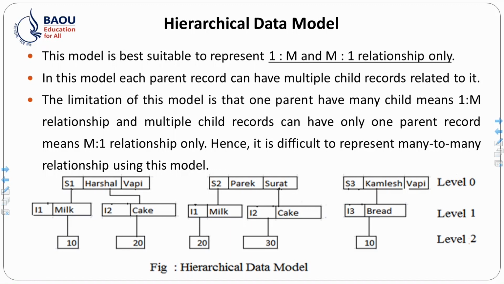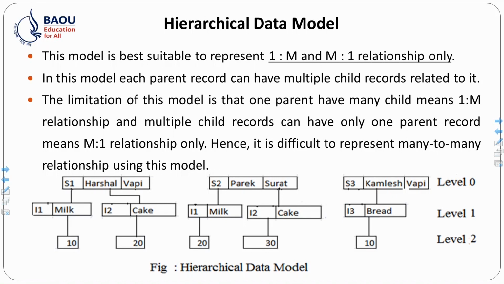Here the S1 salesman has child records item 1 milk and item 2 cake. Item 1 and item 2 have one parent record, S1, and item 1 milk has a discount of rupees 10. So item 1 is a parent for the discount amount 10 and a child of salesman 1.